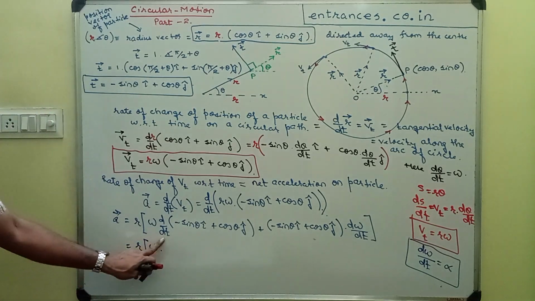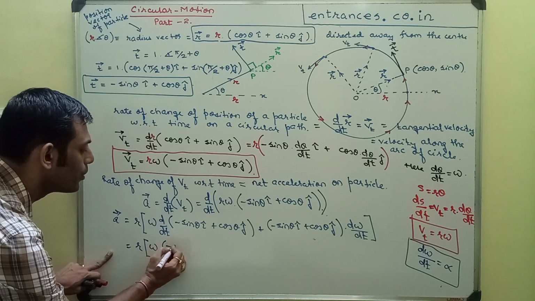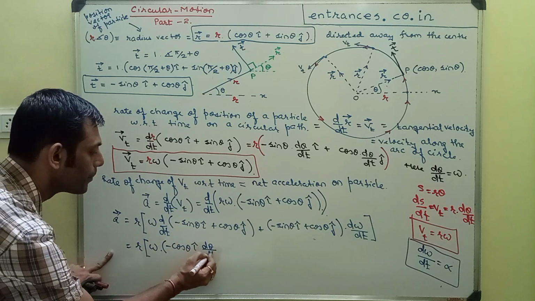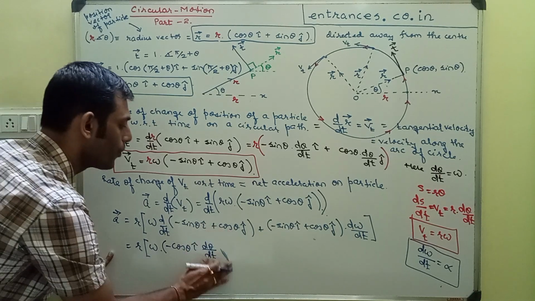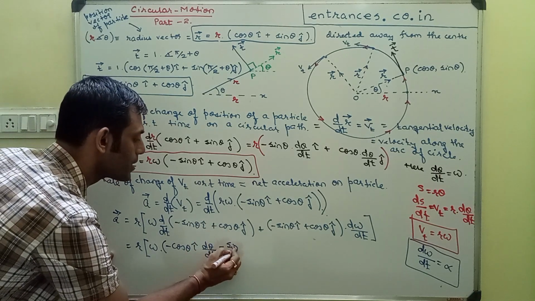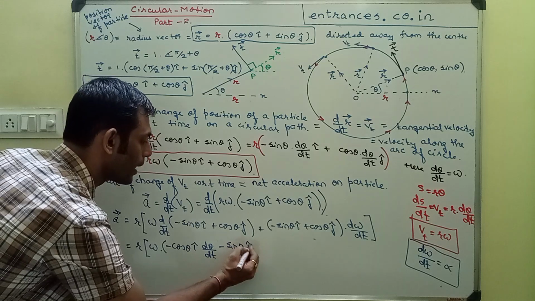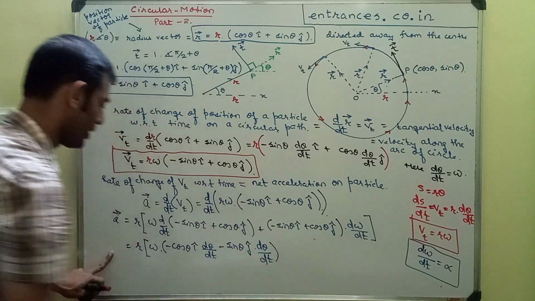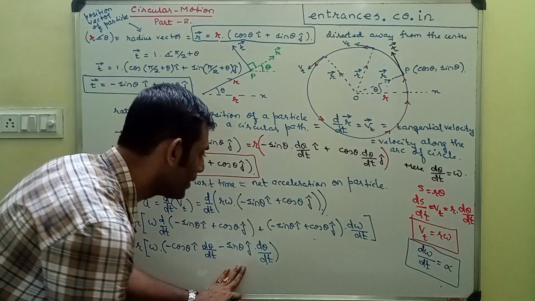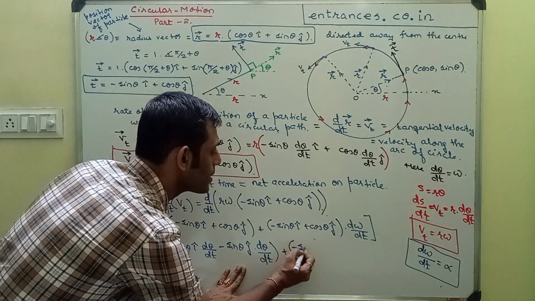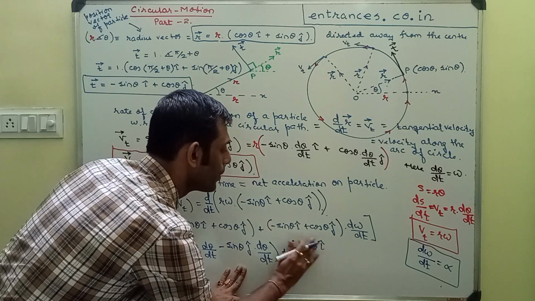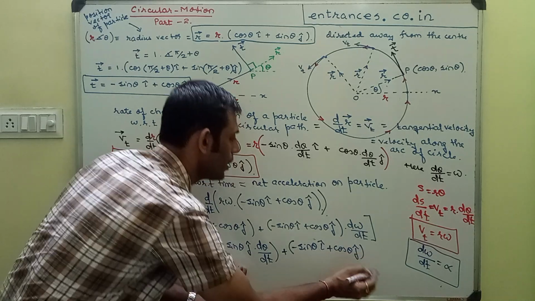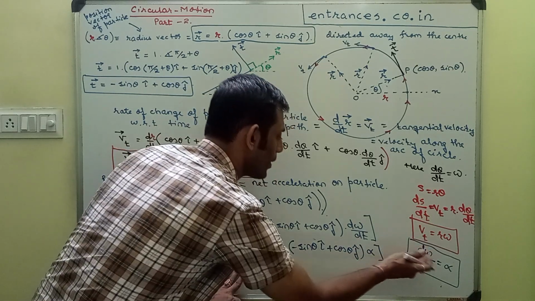Omega into d dt of minus sine theta would be equal to minus cos theta i cap into d theta by dt, plus d dt of cos theta would be minus sine theta into j cap into d theta by dt, and I realize that I am going to have less space than needed, plus minus sine theta i cap plus cos theta j cap into alpha as defined here.